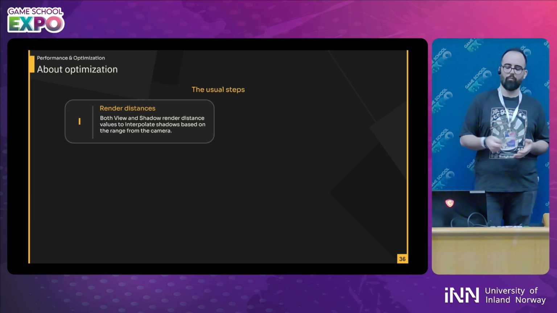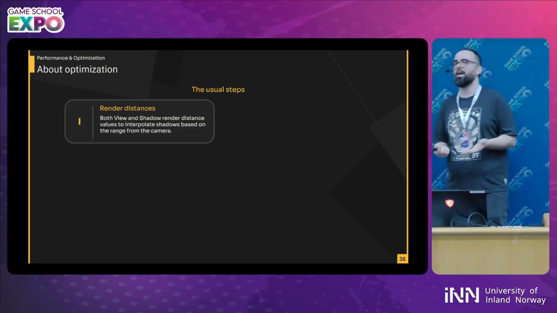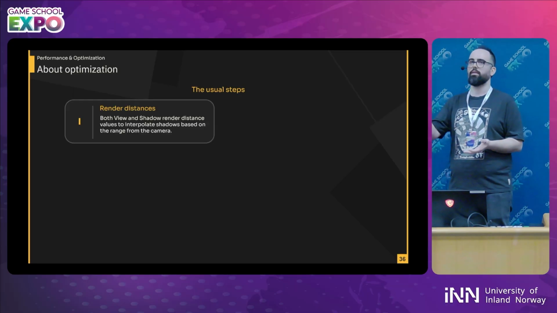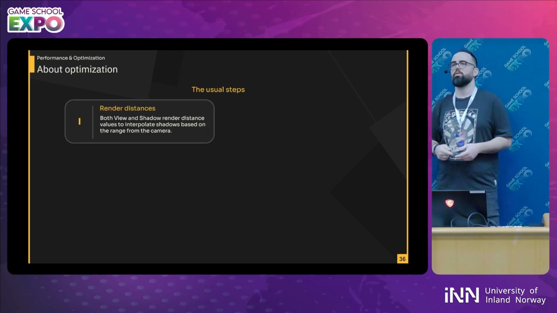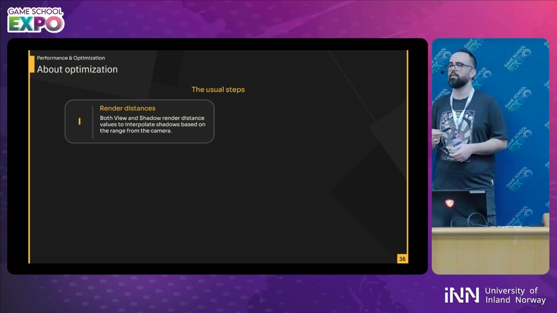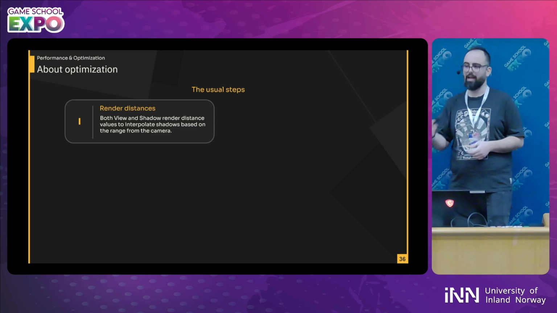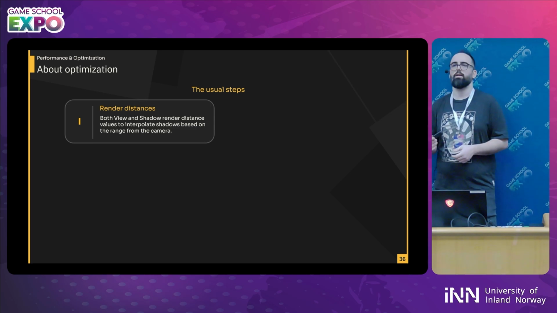And we start with render distances because every engine has a render view distance for lights. So you can decide to cull a light based on the distance from the camera. And in CryEngine, we also have shadow render distance. This is something that you can even do in Unreal. I have seen it with my eyes. But of course you have to expose it.